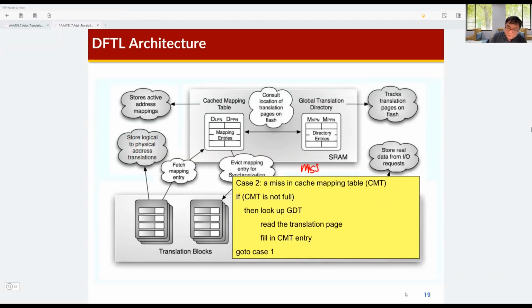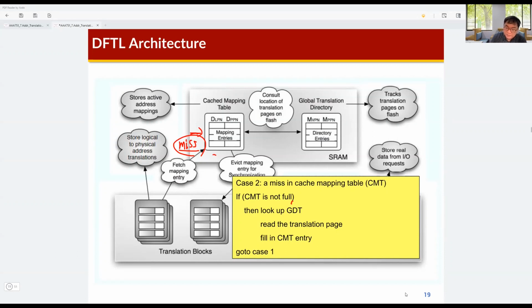In this case, the requested information is not found in the cached mapping table. This is the miss case. And then we can also classify this miss case as when the CMT is not full, so the CMT has empty entries, or the CMT is full.